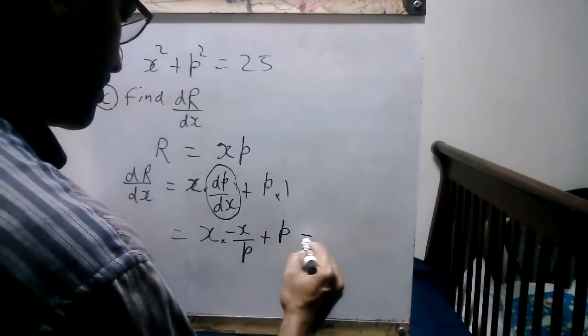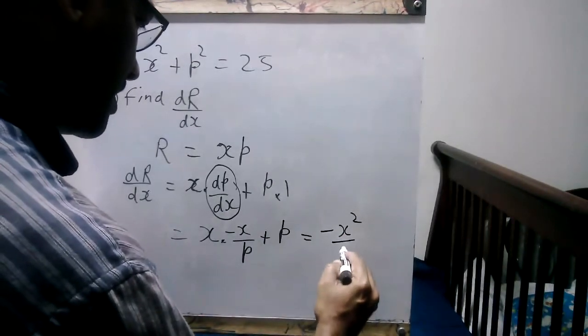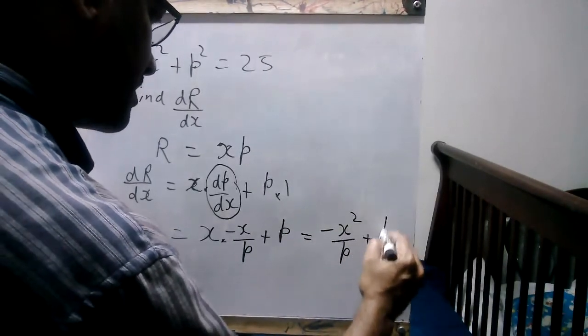This is equal to negative x square over p plus p.